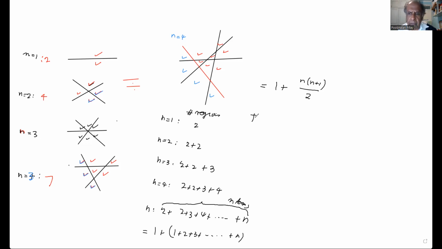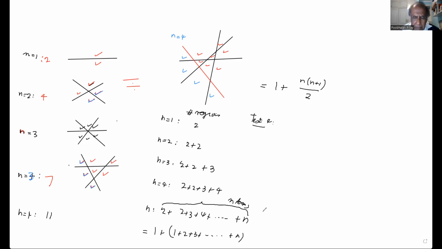So if we test it for 4, for instance, we knew in the case of 4, the answer was 11 regions. We had 7 plus 4 here. If you put n equals 4 here, what do you have? Oh, I'm sorry.